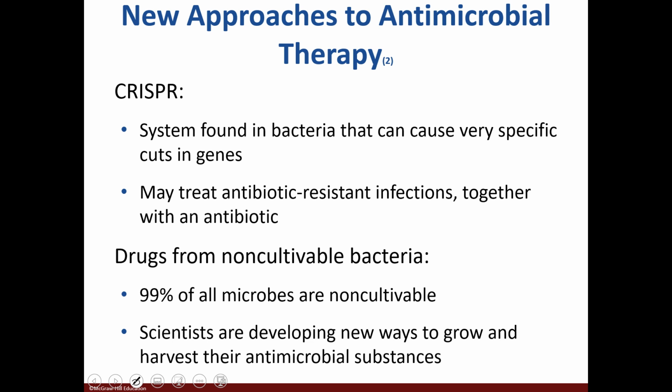CRISPR, which is a defense system in bacteria to protect themselves from bacteriophages, is also being researched to treat antibiotic-resistant infections alongside the antibiotic. Researchers are working to grow non-cultivable bacteria which previously have not grown in the laboratory setting. The hope is to grow them and harvest their naturally produced antibiotics.